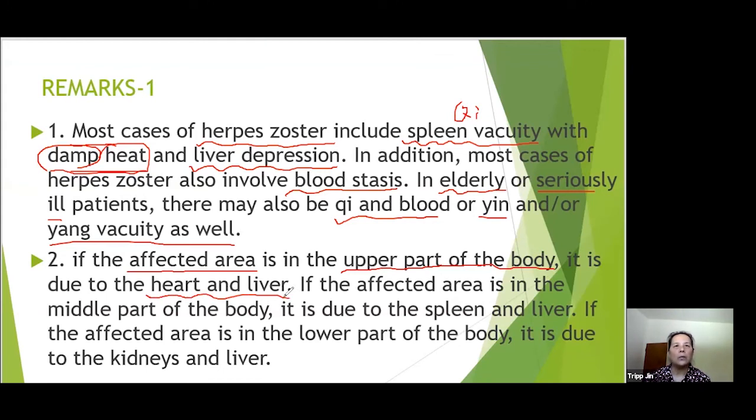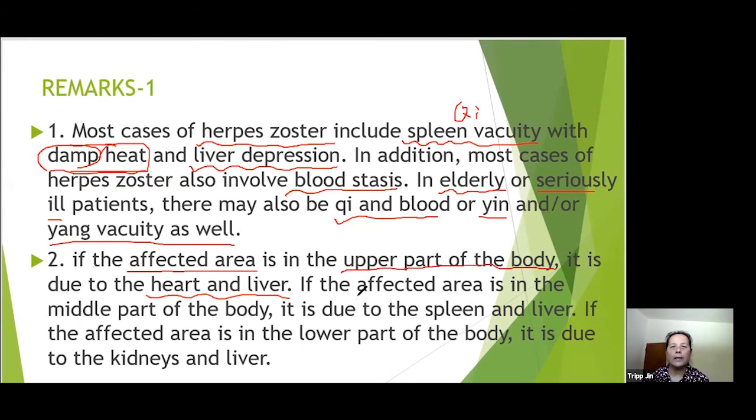The heart belongs to the upper jiao, so the upper part of the body has more relationship with the upper jiao. And the liver performs the soothing function. Liver disorder can affect the upper jiao, middle jiao, and lower jiao. So upper jiao problems may still possibly be caused by a liver issue.